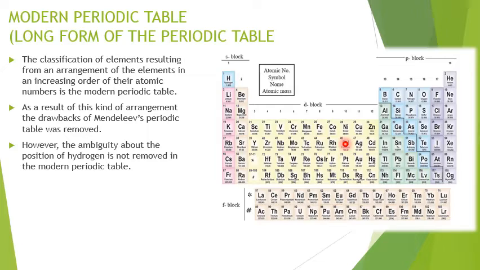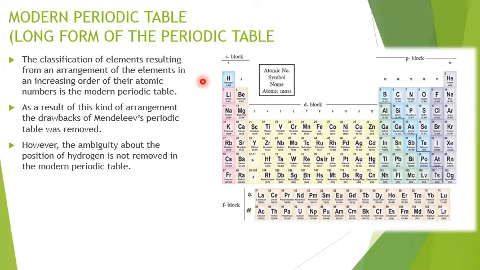However, the ambiguity about the position of hydrogen is not removed in the modern periodic table. See, there was this demerit about the position of hydrogen in Mendeleev's periodic table, that hydrogen resembles the properties of alkali metals also, that is, this first group also, and the halogens, that is, group 17 also. So this ambiguity is not removed in the modern periodic table also.